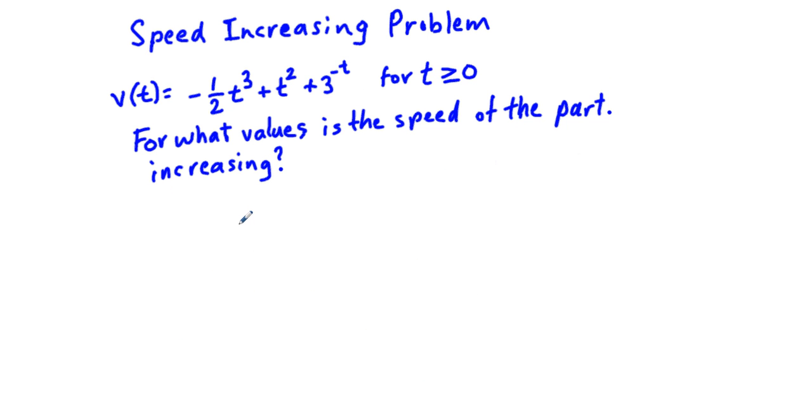There's going to be a speed increasing problem toward the last part of the calculator multiple choice section. Specifically, the one that really got to me was this one with 3 to the negative t power, because typically we've seen e to the negative t or negative x, but we haven't seen the 3.